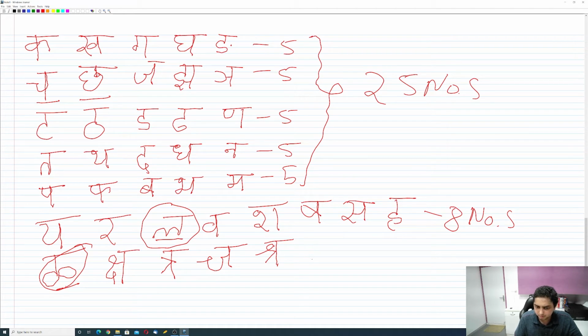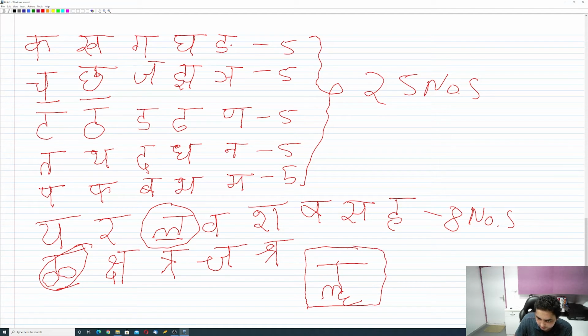Then comes an occasionally used letter which is not a Vyanjana. It is actually a Swara. This is the Dirgha Swara of Ri. This letter is used occasionally. This is an occasional Swara. The rest of them are all Vyanjanas.